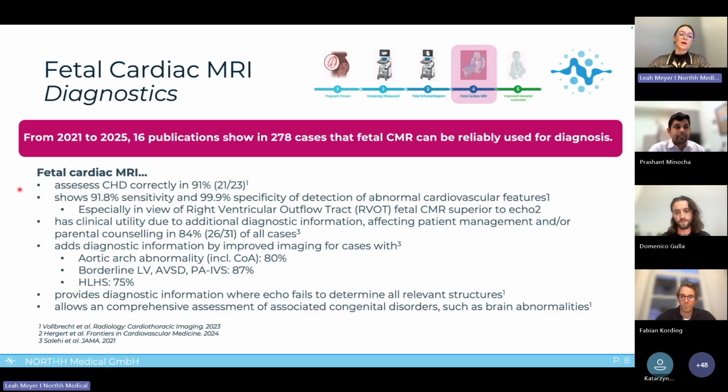Fetal cardiac MRI can provide diagnostic information when echo fails to determine all relevant structures, and also allows a comprehensive assessment of associated congenital disorders, as we know that congenital heart disease is most of the time not isolated.